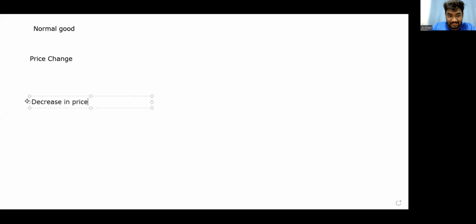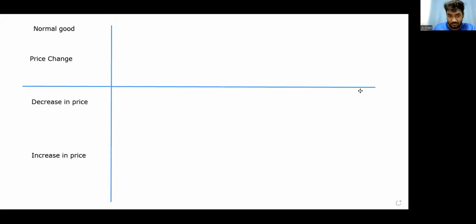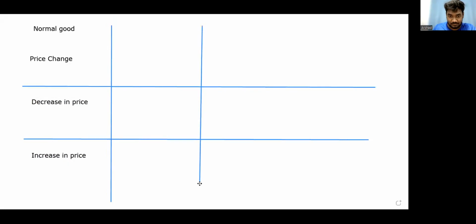Then I'm talking about increase in price. And the price. Right. So we have a normal good.